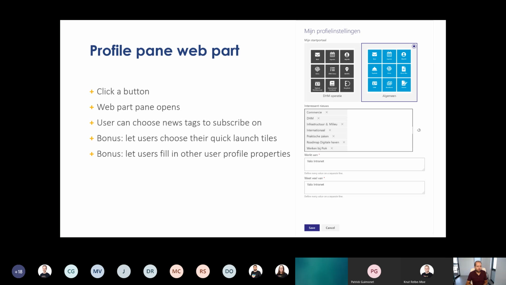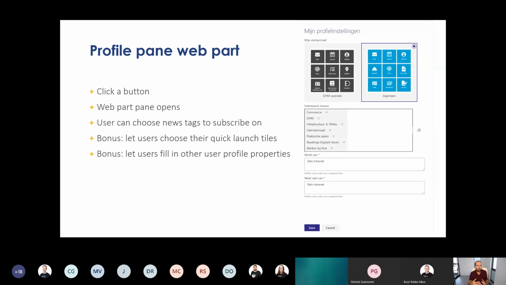So the second option that you see there is interessant news, which means interesting news. So this is where people can select their own tags that they want to subscribe to. So here they can select from a fixed set of topics. Okay, in this case, I'm interested in all news items about commercial items, about infrastructure and environment, about all international related news items, etc. So here you can select the topics that you are interested in.